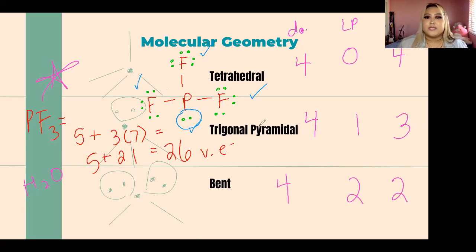So since this has 4 domains, 1, 2, 3, 4, and it has one lone pair, which is the one connected to the P. The lone pair and bonded pairs always relate to the central atom, and then the rest would be the 3 bonded pairs. Does that give a good example of trigonal pyramidal?